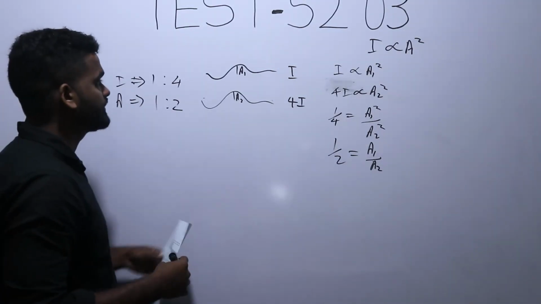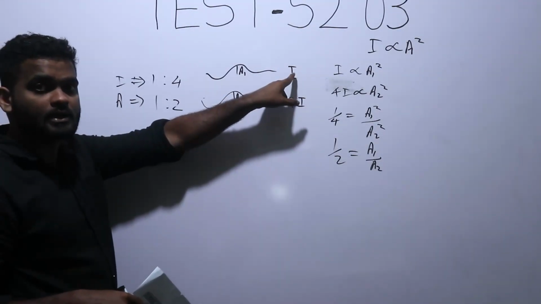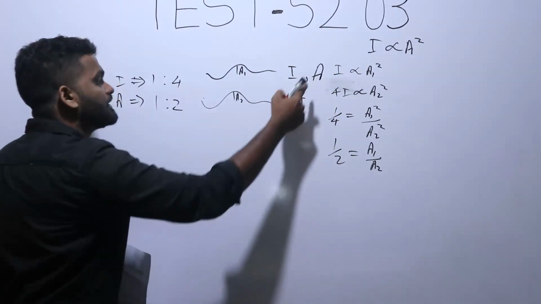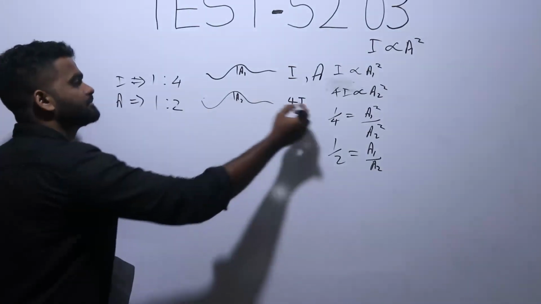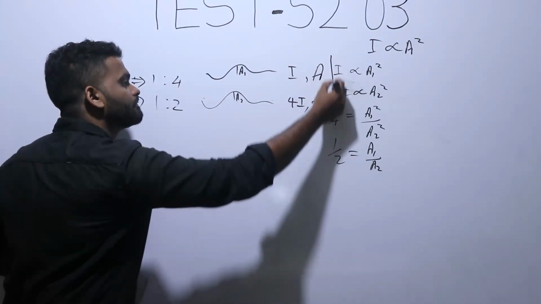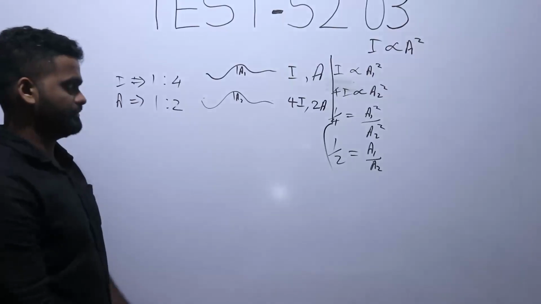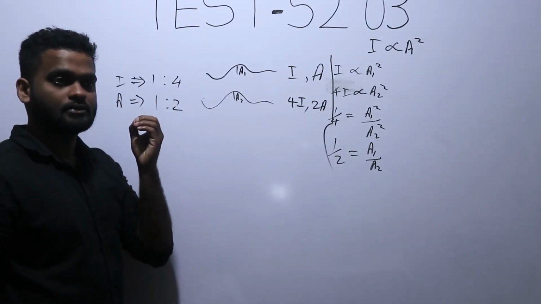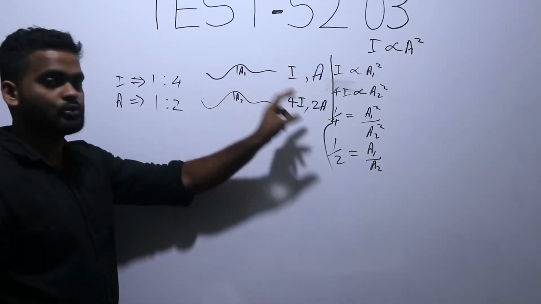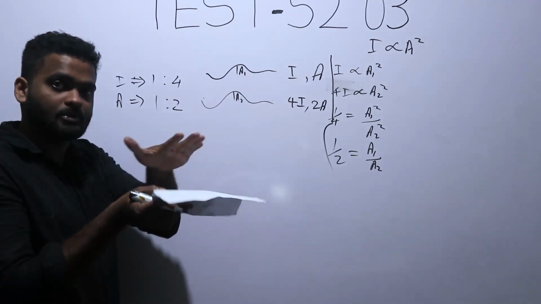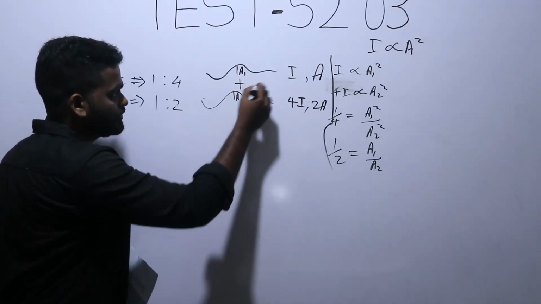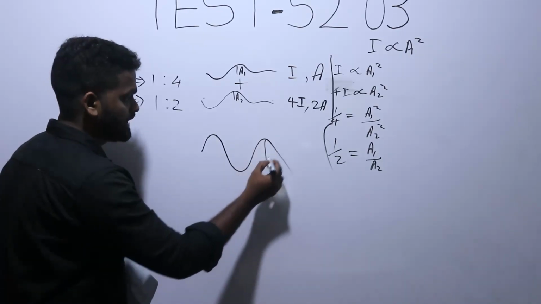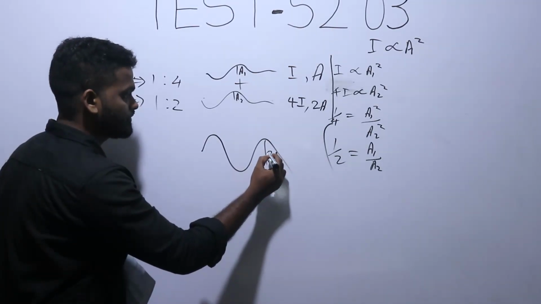So meaning, if the amplitude of this one is capital A, the amplitude of this one should be twice, so it should be 2A. Right? We know the amplitudes are A and 2A. So when they are in superposition, those two amplitudes add up and the amplitude becomes 3A.